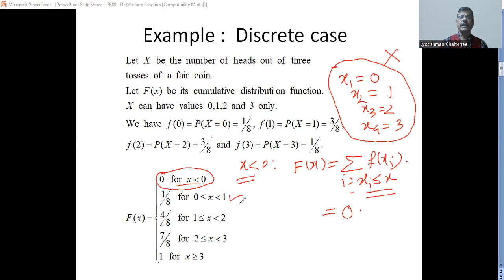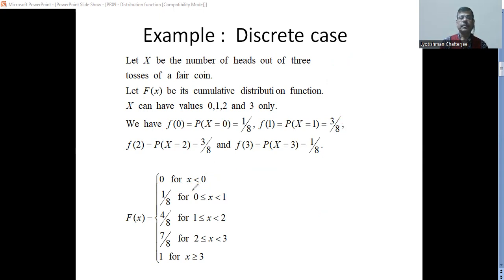So you see, this is satisfied. Now let's come to this case. Let me wipe out the board. Again, F(x) is equal to summation over i such that xi is less than or equal to x, f of xi.